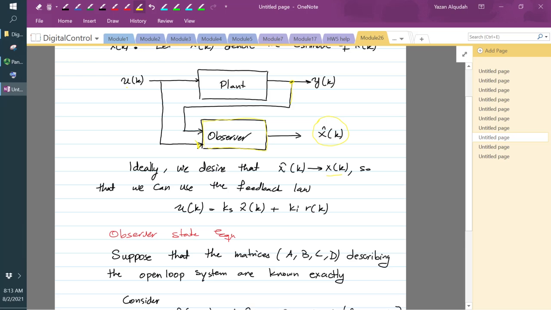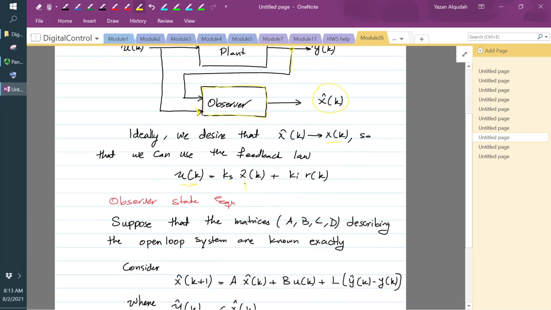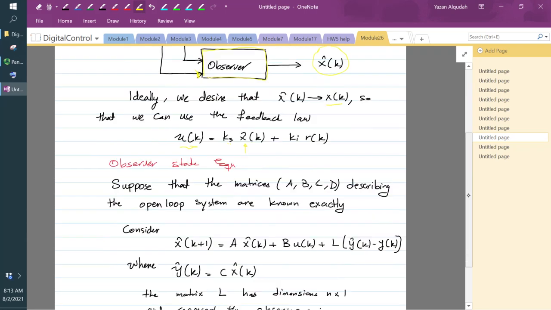So we can use the state feedback. U of k in this case is going to be ks multiplied by x tilde plus ki multiplied by r of k. So here, instead of x of k that I do not have access to, I'm going to use the estimated x of k to do the feedback.